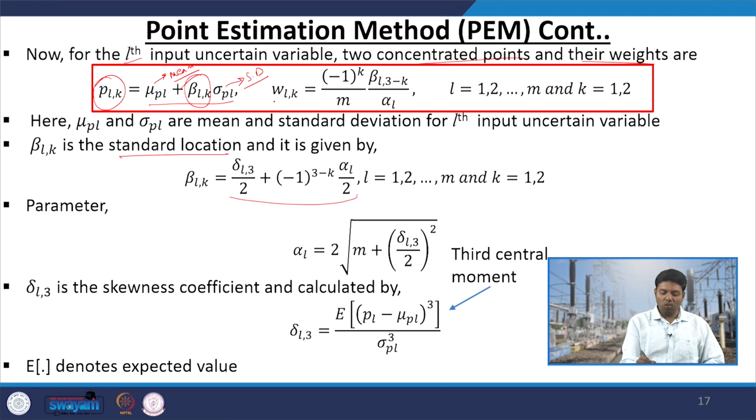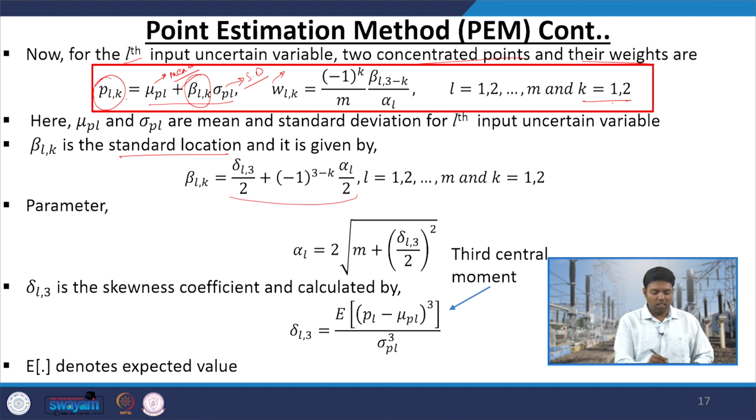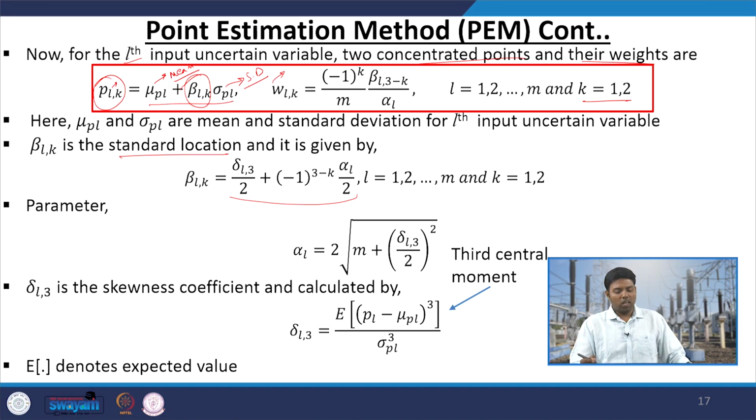And weights you can assign for each and every concentrated scenario. You can see k is varying only for 1 and 2. That means, for a particular uncertainty l, you have only 2 concentrated locations. Correspondingly, you also have weights.